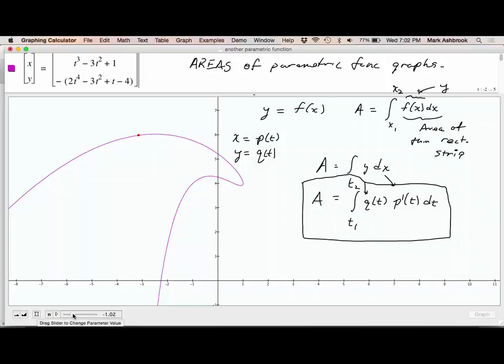Somewhere around there. So when t is -1, what's our point?